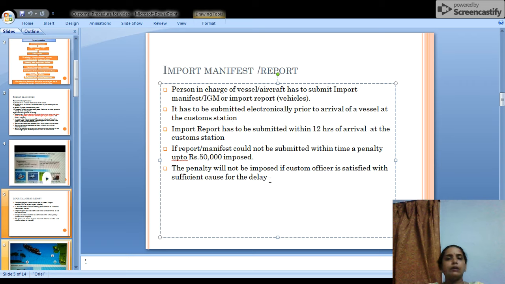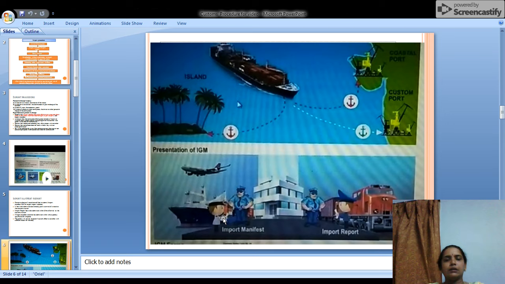For example, if the person in charge does not submit the import manifest, he has to mention a sufficient reason for the delay. So the person in charge will submit the import manifest in case of a ship and aircraft. Here, the import report is submitted in case of any train or any other vehicle.